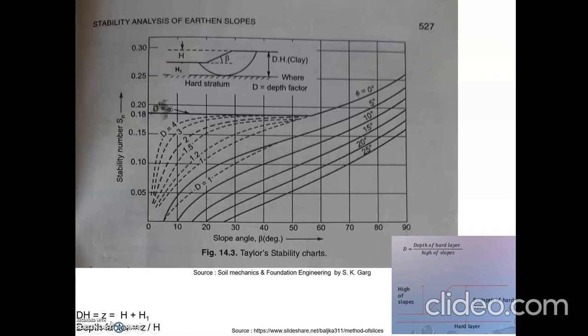If you want to find the depth factor, we divide z by h. So depth factor can be found if we know this total height z and also the height of the slope along with the depth of the layer from the ground surface. So this is the equation used to find depth factor.